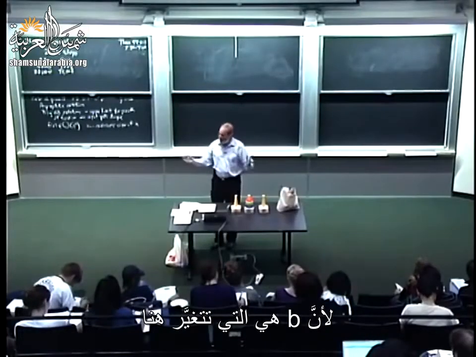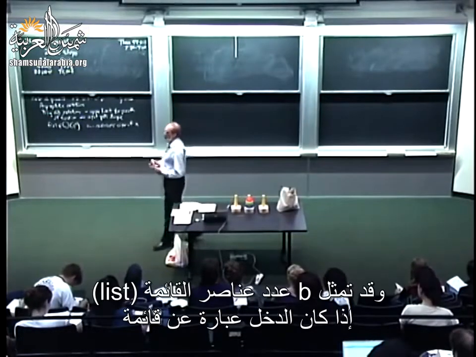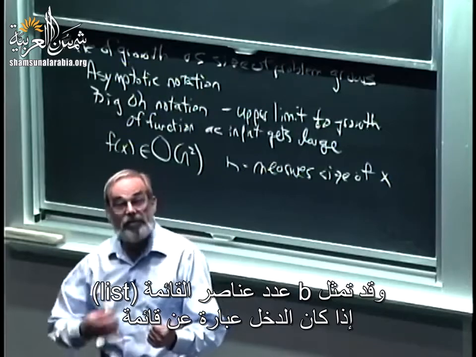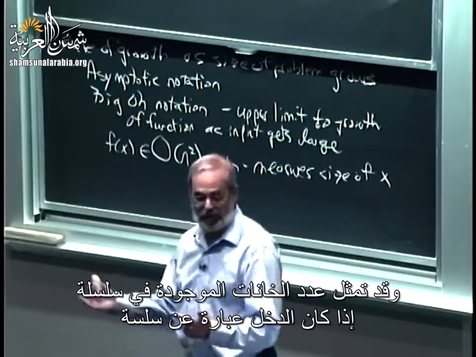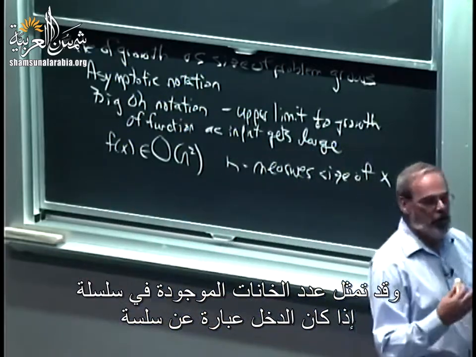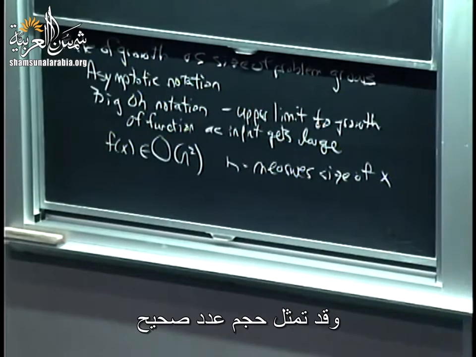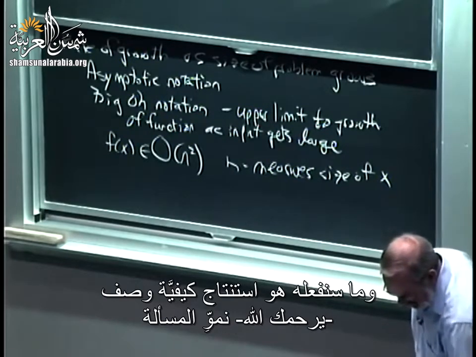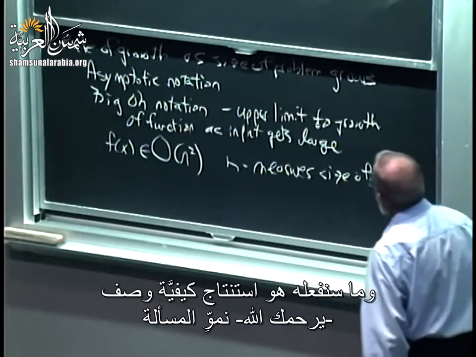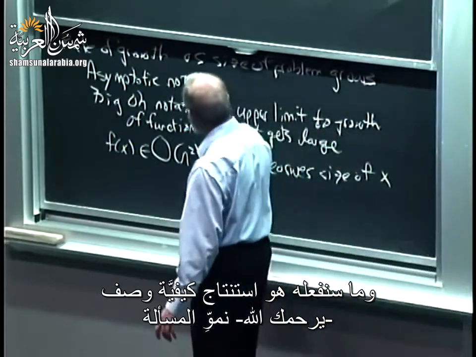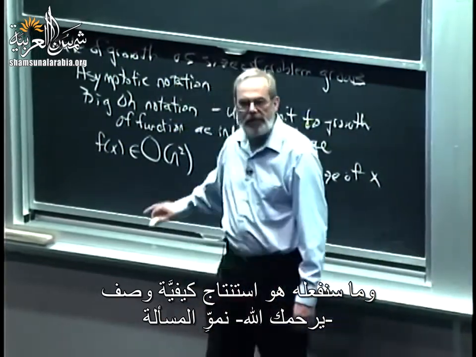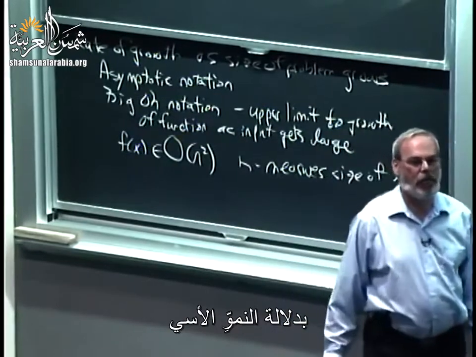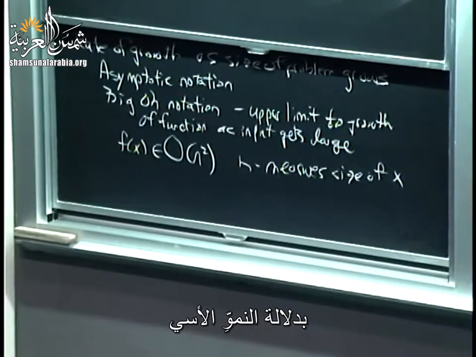As b is the thing that's changing as I go along here. But it could be things like how many elements are there in a list if the input is a list. It could be how many digits are there in a string if the input's a string. It could be the size of the integer as we go along. Right? And what we want to do then is we want to basically come up with how do we characterize the growth of this problem.